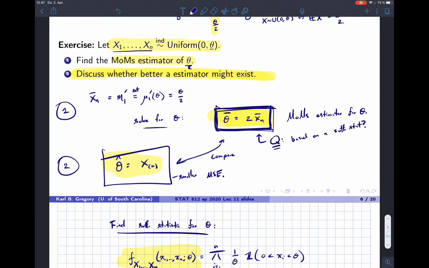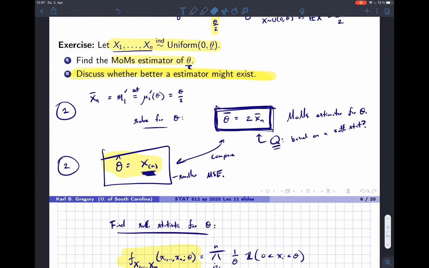Well, it does not use the value of the largest order statistic. I mean, it averages all the values, but it's kind of like the wrong summary of the data. If we really want all the information in the sample about theta, we need to be looking at the largest order statistic, not at the sample mean.